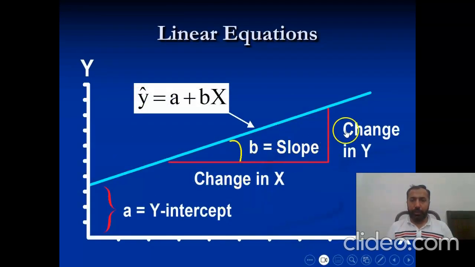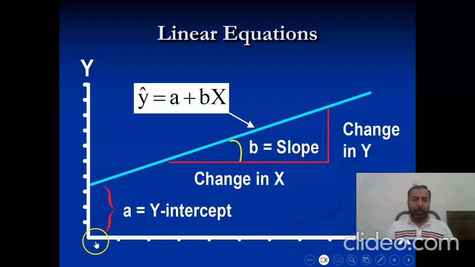Graphically, slope is change in y divided by change in x. So if we move from this point on the x-axis to this point on the x-axis, on the y-axis we are moving from this point to this point. So change in y divided by change in x is known as slope or coefficient or beta.